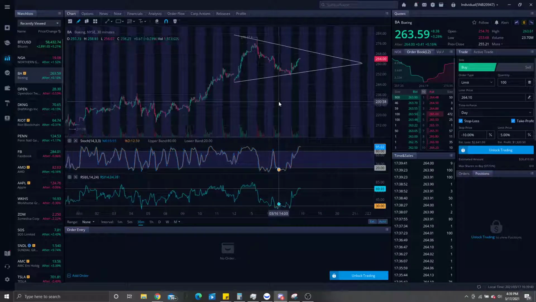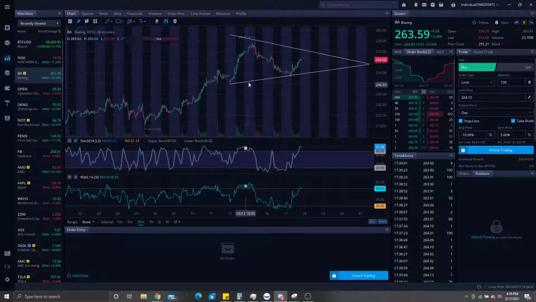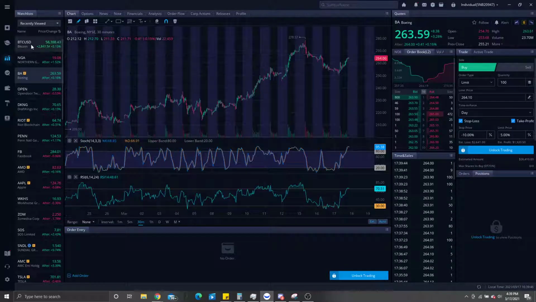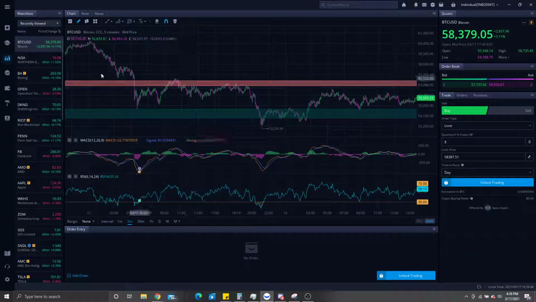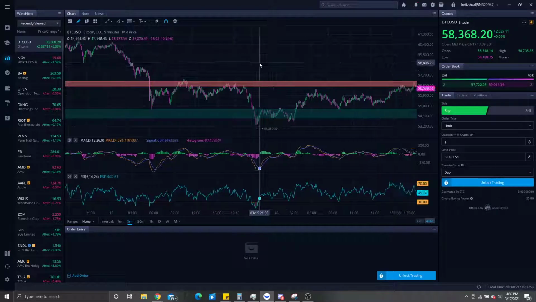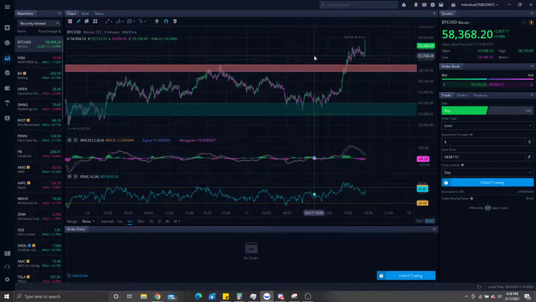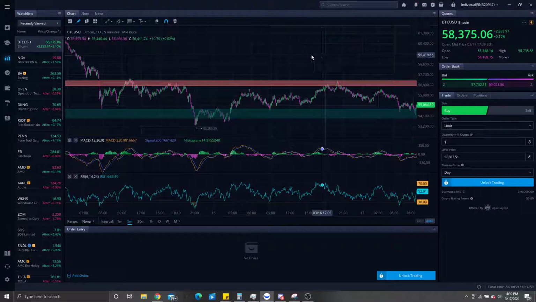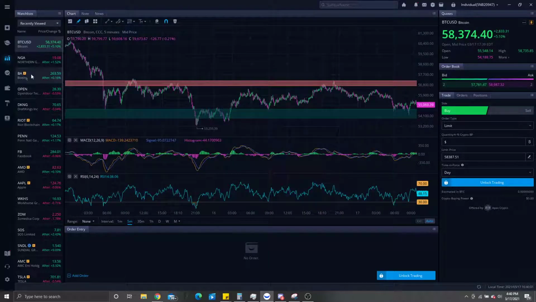Oh yeah, volume spikes for sure. Let's go back to something we already drew some zones on. A lot of times you'll get confirmation, though it's not going to work on cryptos or Bitcoin. Did I mess up my zones? I think I did.